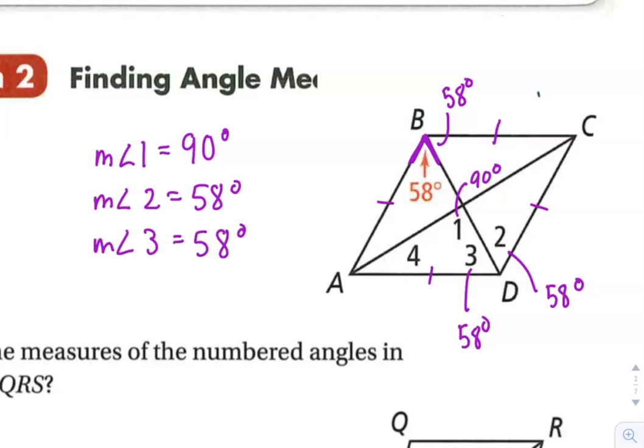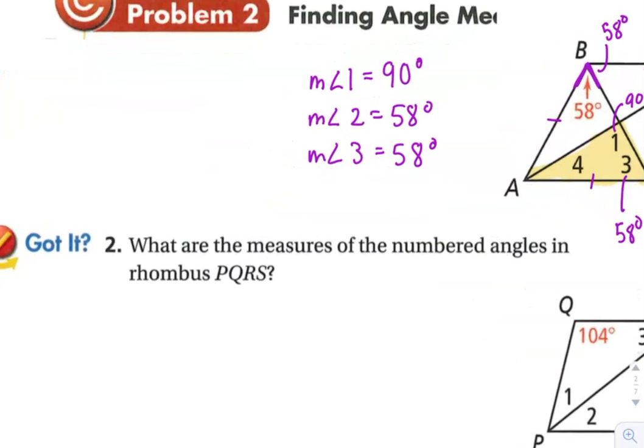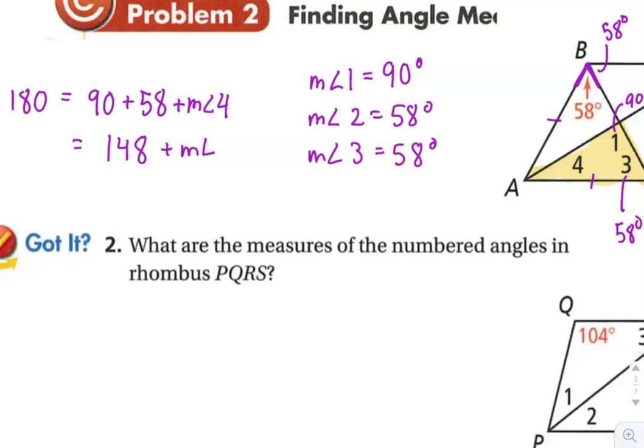We're just missing angle 4, but now let's look. Notice that angle 4 is just within this triangle. We now know that 2 of our 3 angles are 90 and 58. When we add up those 3 angles, it will give us 180, so we subtract that from 180.